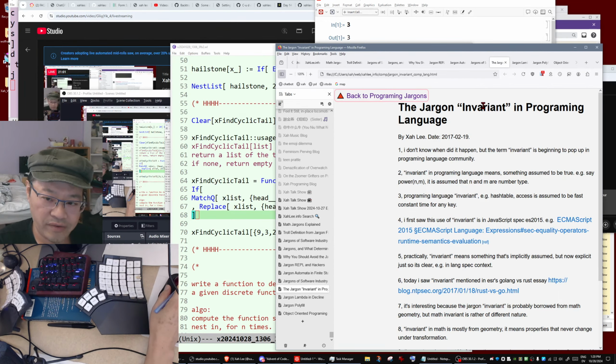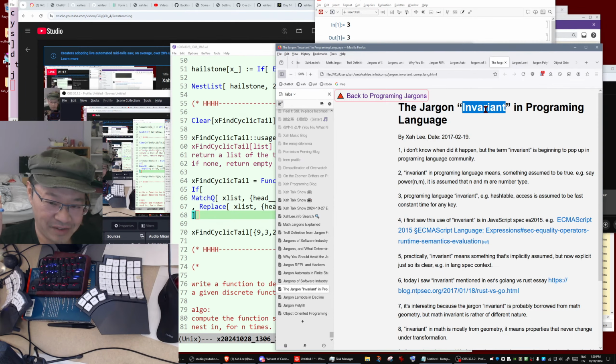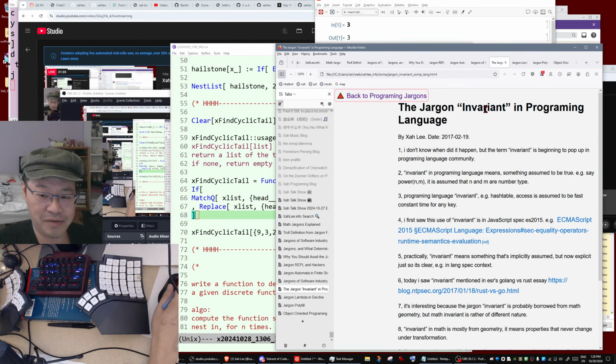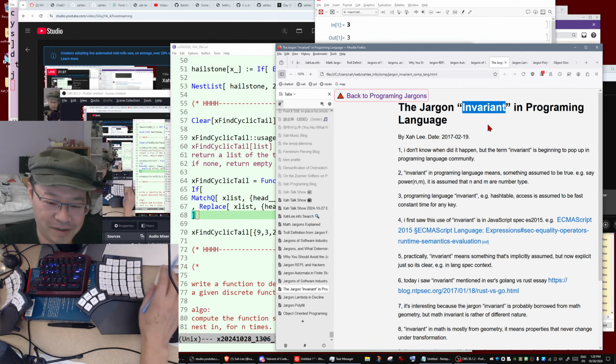So then you have the jargon invariant in programming languages. I discovered this only 5 years ago, like in 2017, which is like seven years ago. The invariant jargon actually came from mathematics, but I discovered in programming they also have this invariant.